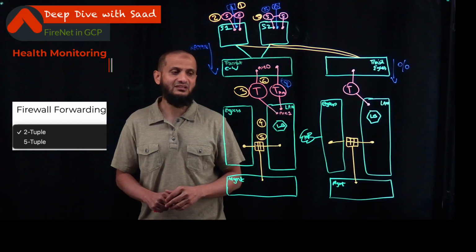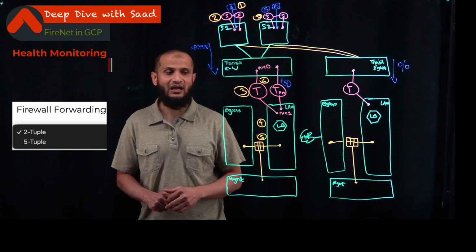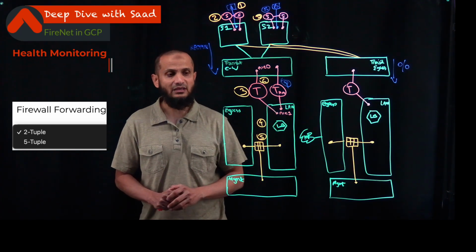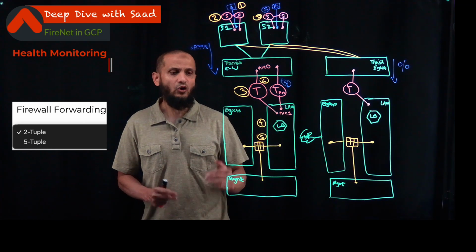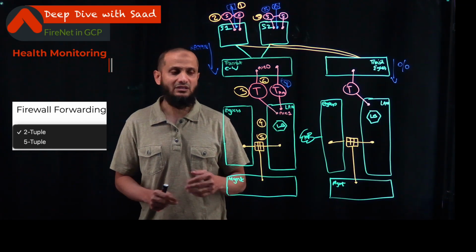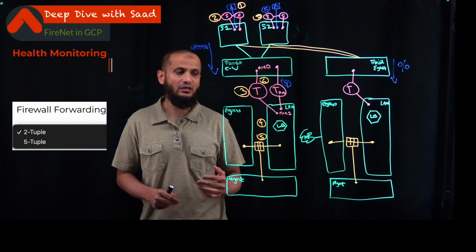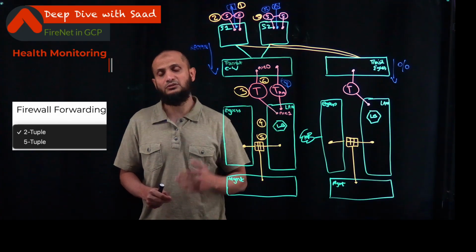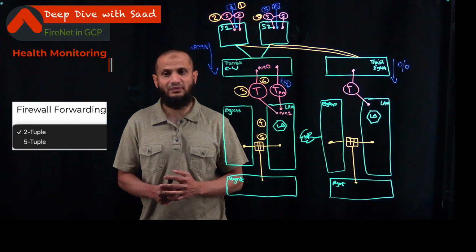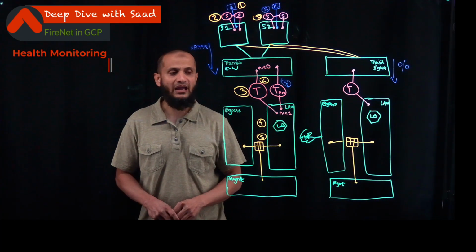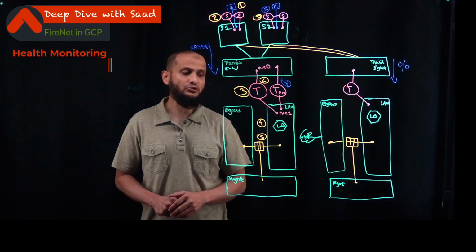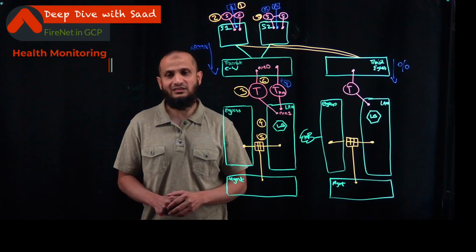GCP documentation is a little bit confusing when it comes down to the hashing that the load balancer provides, and because of that, on the Aviatrix controller, you will see 2 tuples instead of 3 tuples. In reality, when you configure the 2 tuples from the Aviatrix controller, it's basically 3 tuples hashing. The controller orchestrates the hashing of the ILB, so you don't have to do anything on the GCP side.